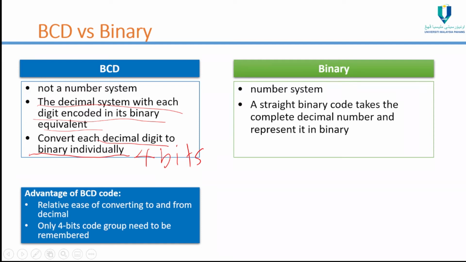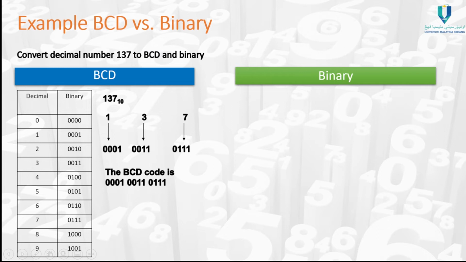The advantage of BCD code is that it is easier to convert from decimal digits into BCD code compared to using binary, because we don't have to perform the division, and only 4-bit code groups need to be remembered. Here is another example of how we can convert 137 to BCD, and then we compare how we convert 137 into a binary number.